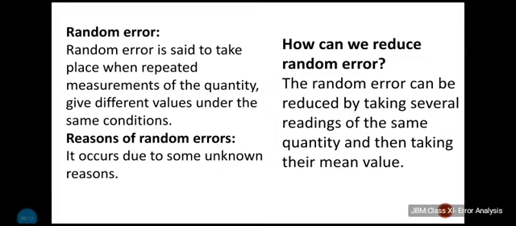Example, unpredictable fluctuations in temperature, voltage supply, mechanical vibrations of experimental setups, etc. Personal errors by the observer taking readings, all these are included in random errors. For example, when the same person repeats the same observation, it is very likely that he may get different readings every time.